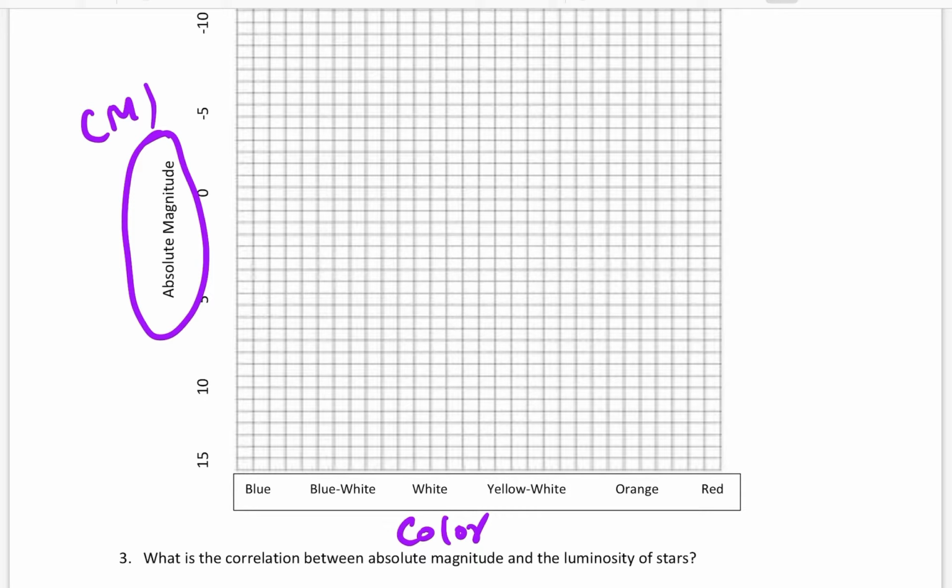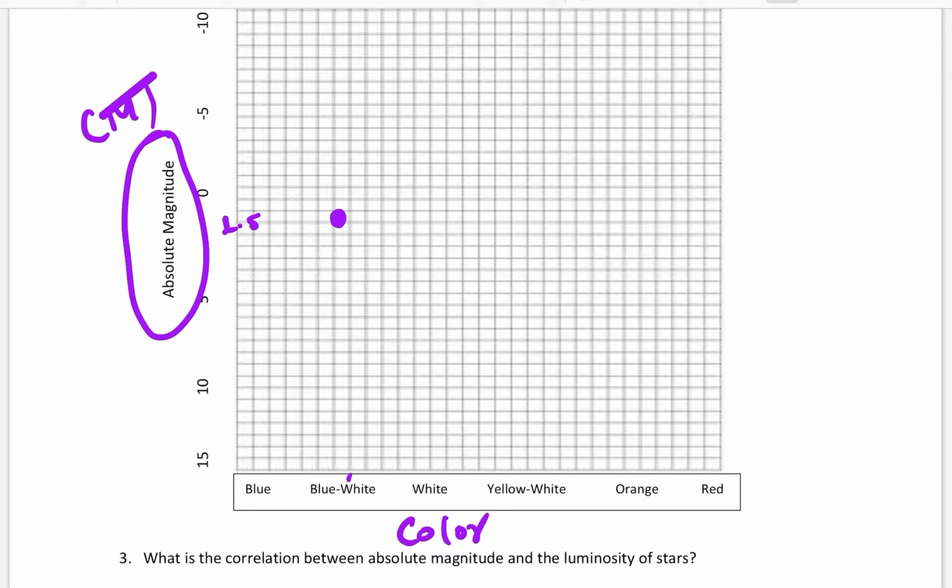If we go above, then it will be negative. So this is 5. Okay, so 1.5 should be somewhere here. So this corresponds to about 1.5 here, and the color is bluish white.